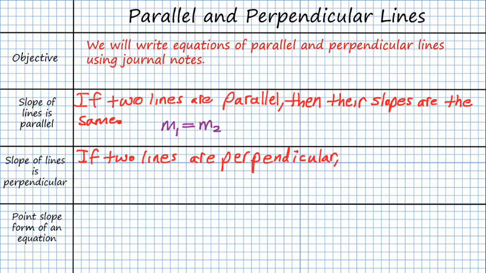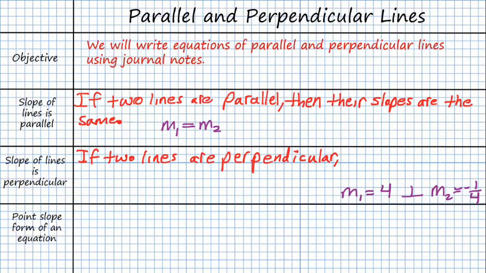So we notice that this relationship holds, where if you have m1, then I said that this was 4, then the perpendicular slope would be negative 1 over 4. And this change has a special name, and we call that the opposite reciprocal.